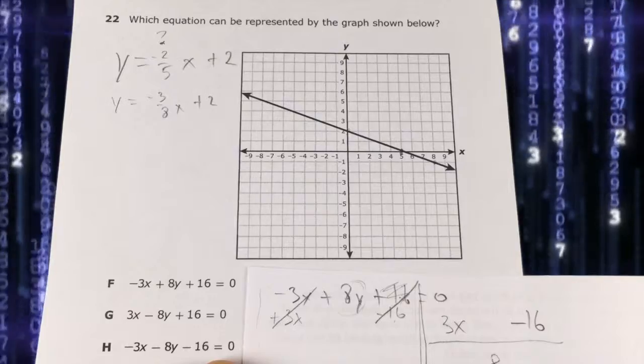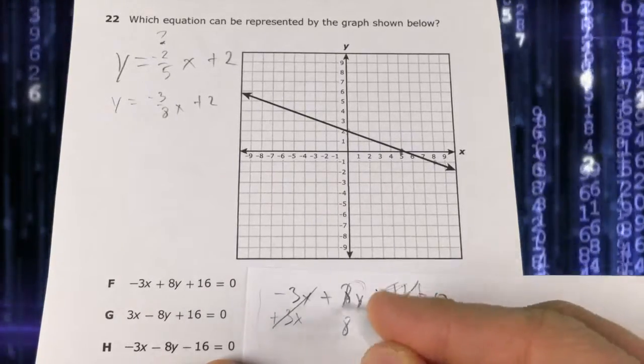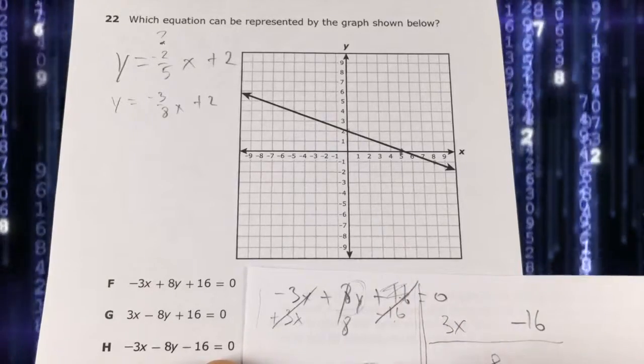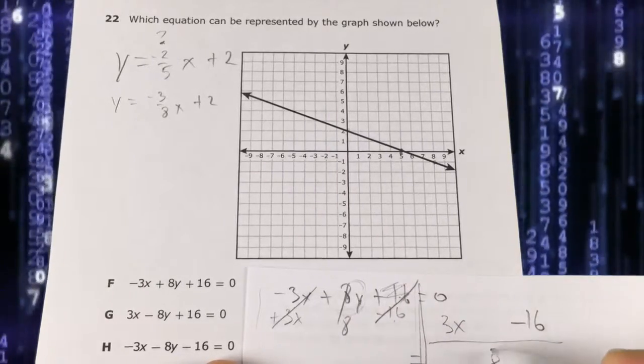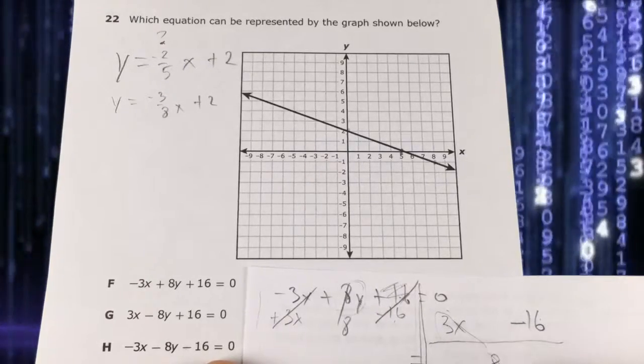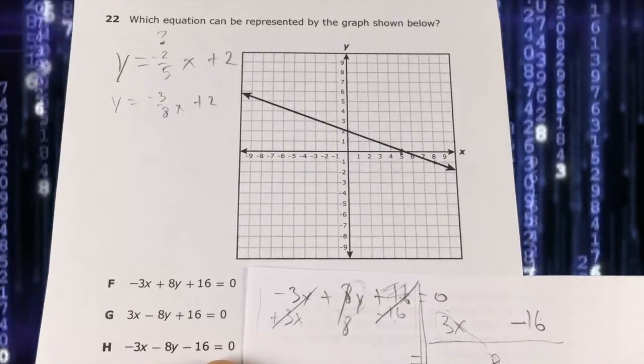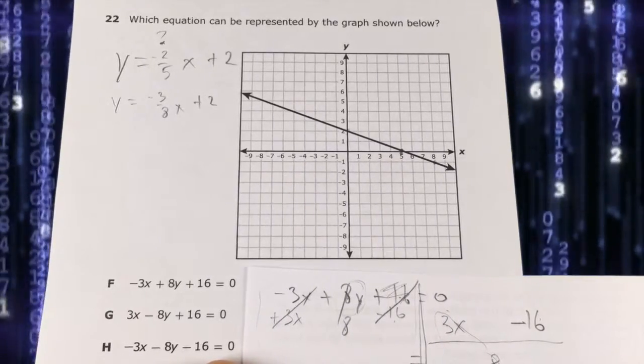So here's what we have. We divide by 8, and that goes away, and now you're left with y equals 3/8 x minus, and what's 16 divided by 8? It's 2. Y equals 3/8 x minus 2.